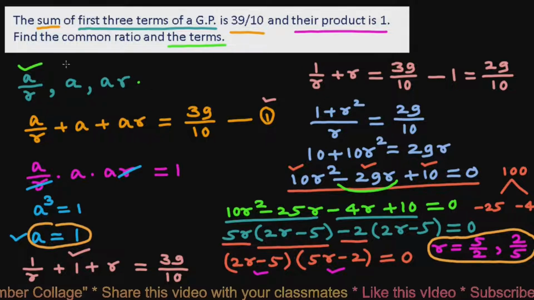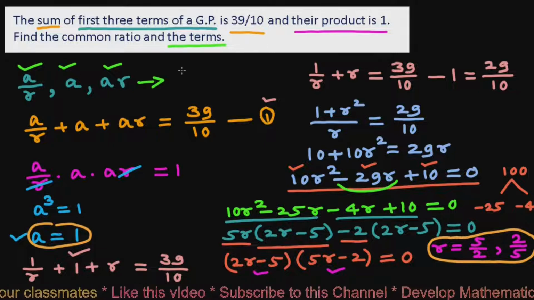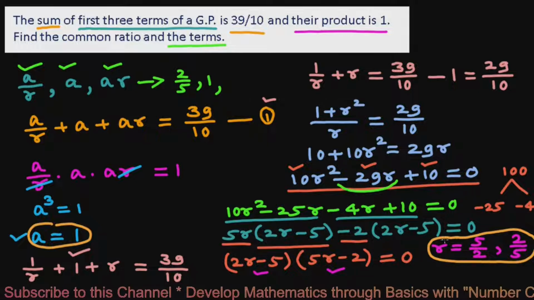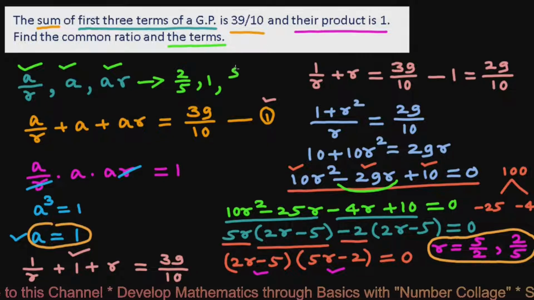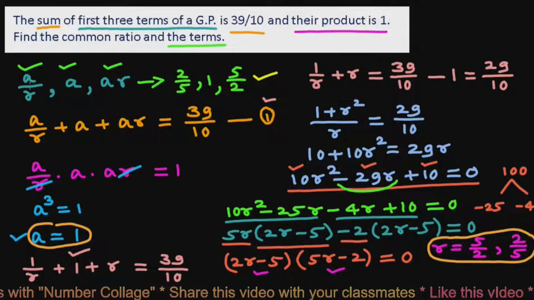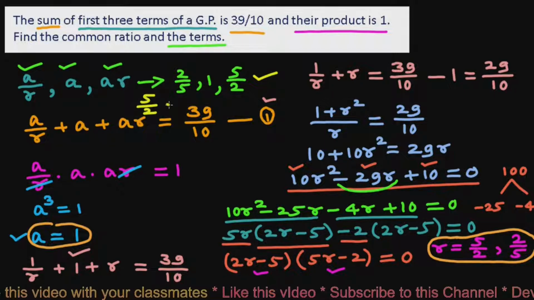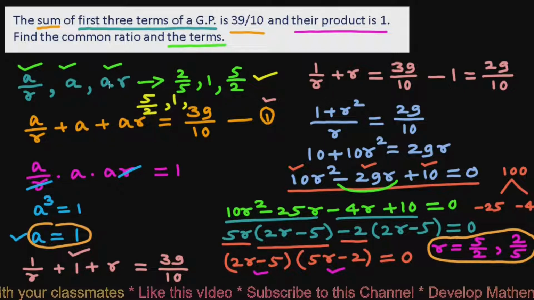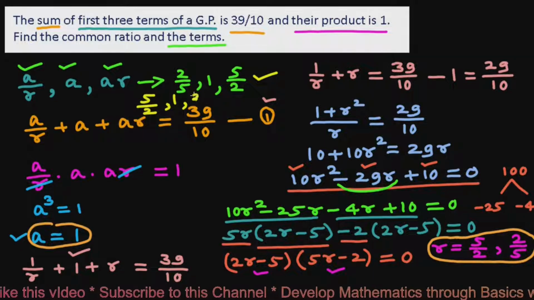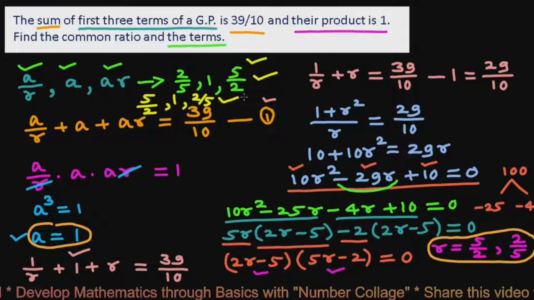They will be 1 upon 5 upon 2, that will be 2 upon 5, then 1, then 1 into 5 upon 2, so that will be 5 upon 2. Or these terms will also be 1 upon 2 upon 5, that will be 5 upon 2, then a is 1, and ar will be 1 multiplied by 2 upon 5, that is 2 upon 5. So these are the first three terms of the GP.